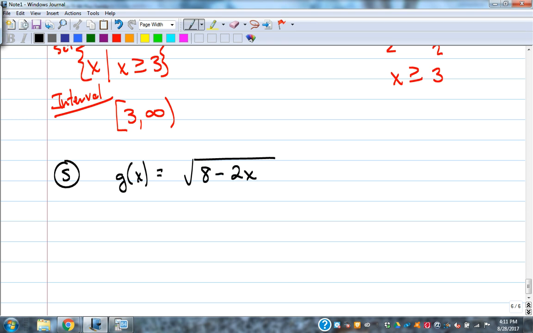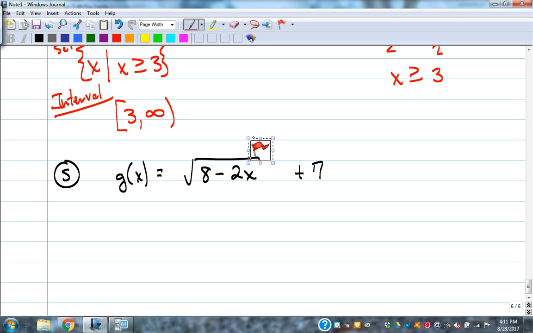G of x is equal to the square root of 8 minus 2x, and then plus 7. I'm trying to make it very clear that the plus 7 is not inside of the square root. Now, where's the red flag? In the square root, not the plus 7. It has nothing to do with the red flag.